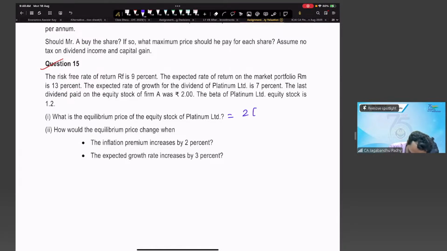So it will be 2 into 1.07 upon KE. KE is how much? 13.8, sir. 13.80.